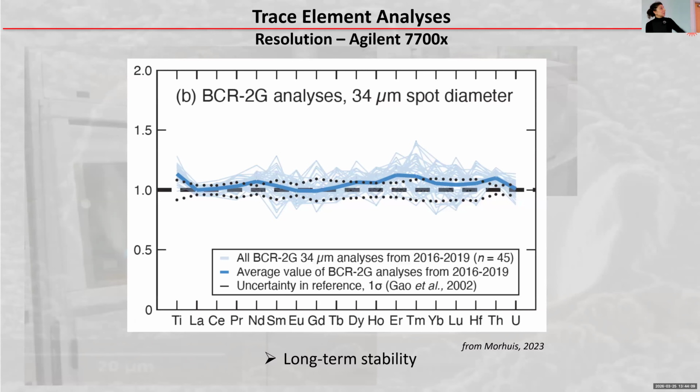So a long-term session, from one of our PhD students who collected all of the BCR2 samples and all of the data along her PhD thesis. And this is over a couple of years, and this is basically the long-term stability for the mass spec. So once it's set up and nothing severe happens to especially the lab infrastructure, a laser ICP-MS system is a very, very stable technique.